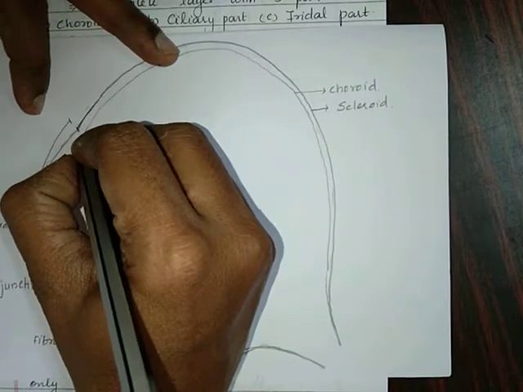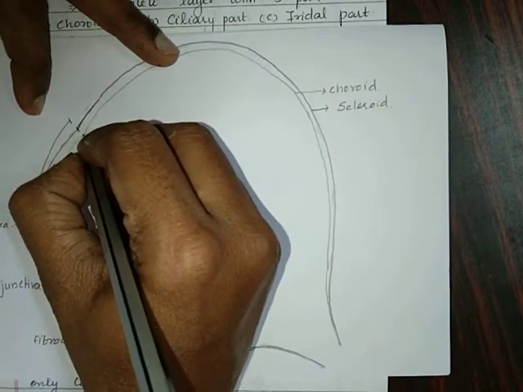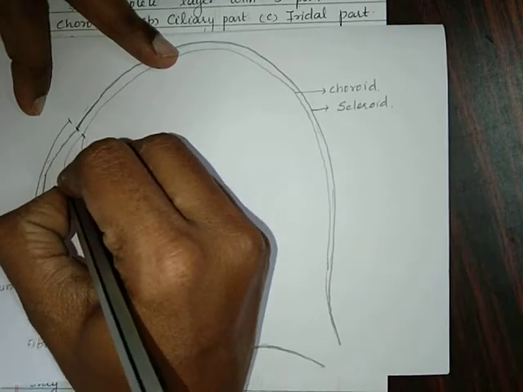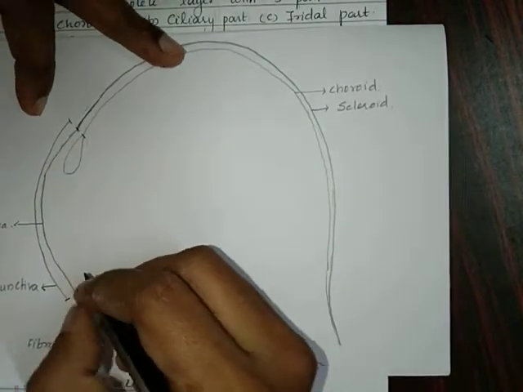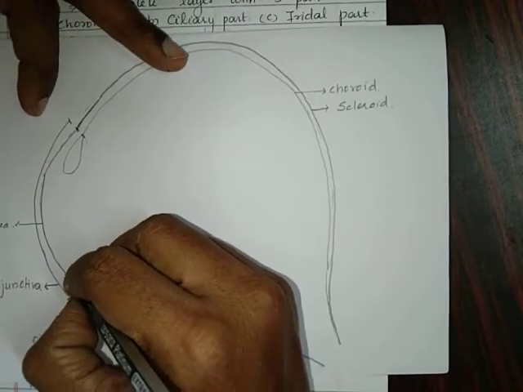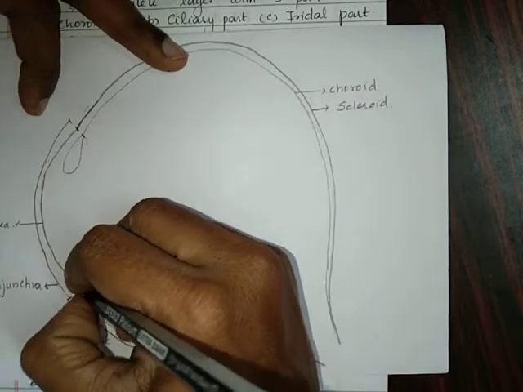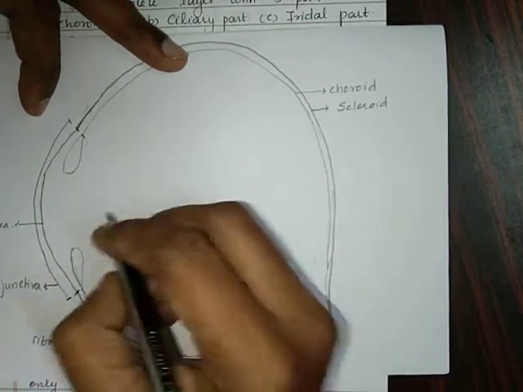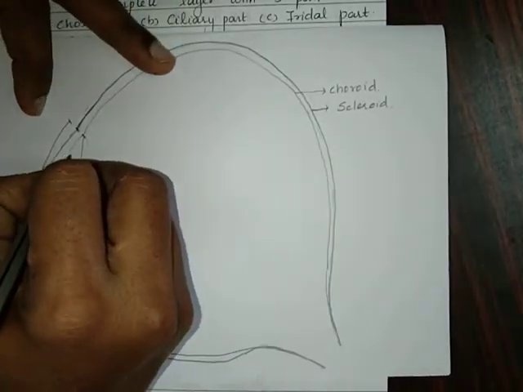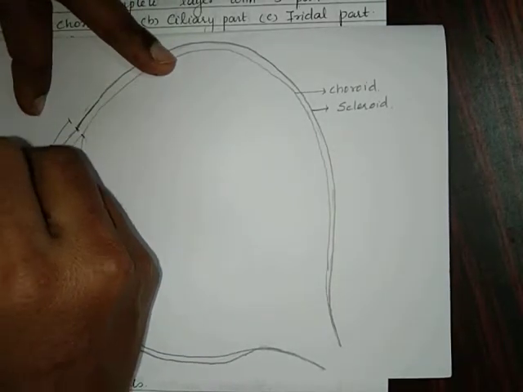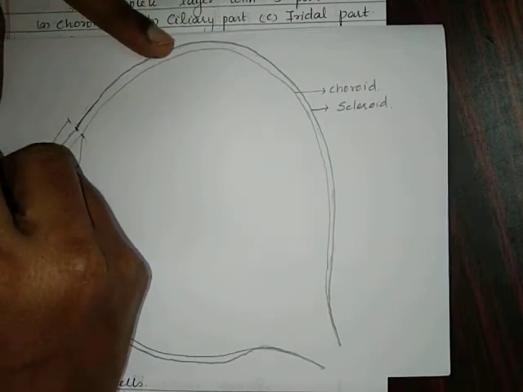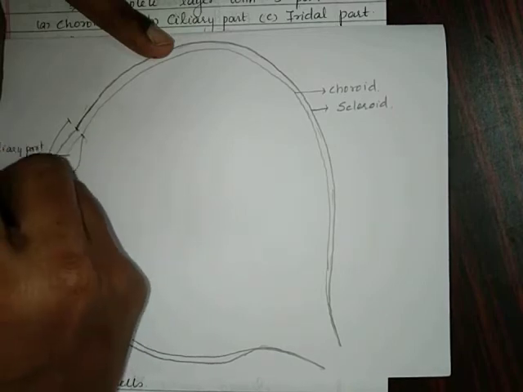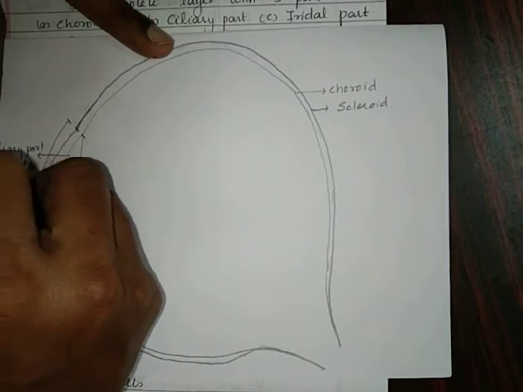So it is a little bulged structure that is present, and this part we call the ciliary part of uvea, or the vascular coat.